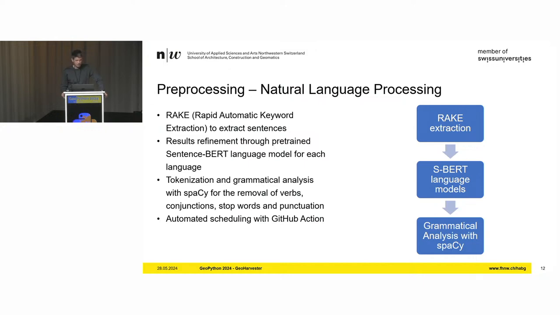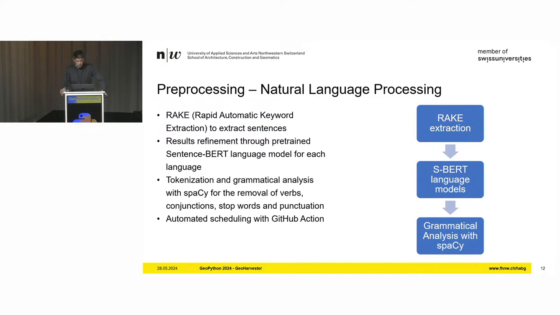And we refine them because RAKE is a very simple graph-based method without any machine learning or deep learning implementation. So we refined the results, which were sometimes a bit weird, using a deep learning model, Sentence-BERT, which is based, of course, on neural networks.